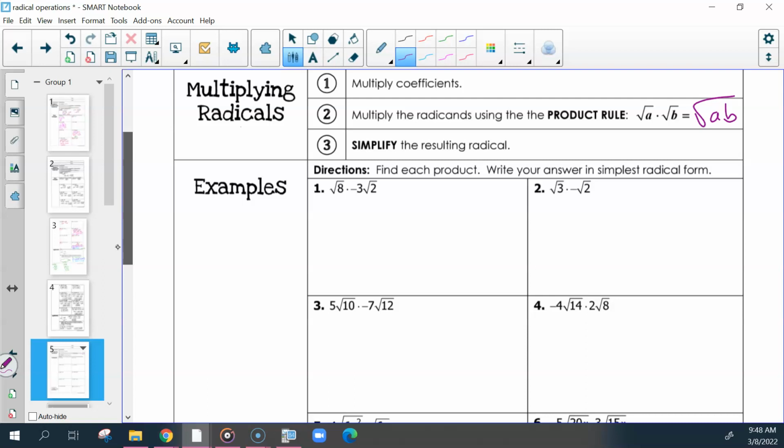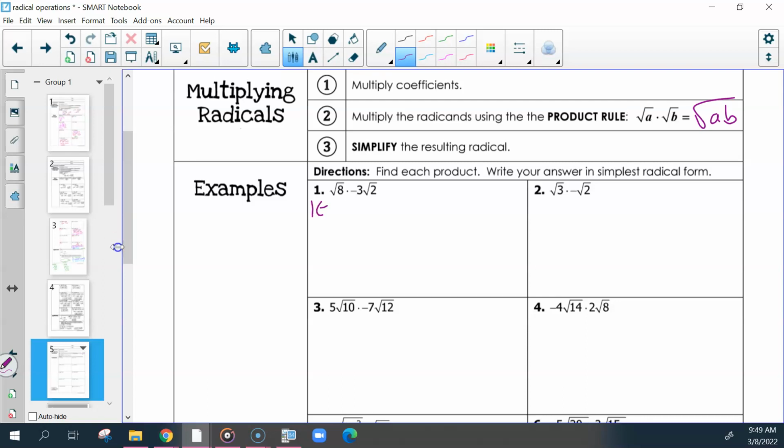So for number 1, the numbers on the outside, we would multiply 1 and negative 3. On the inside, we would multiply 8 and 2. So on the outside, we would have negative 3. On the inside, we would have 16. Can we simplify the square root of 16?